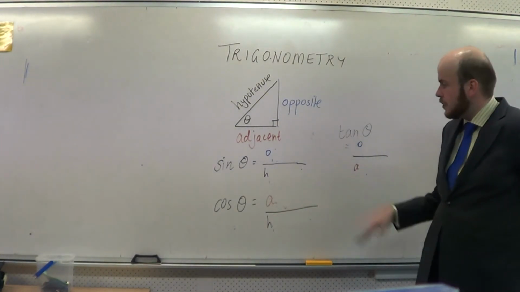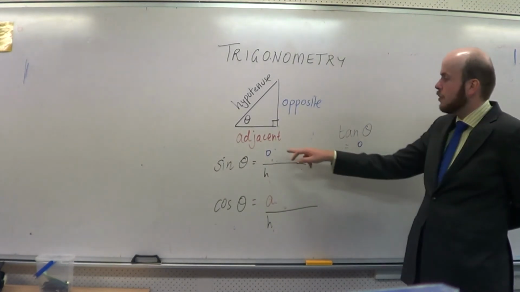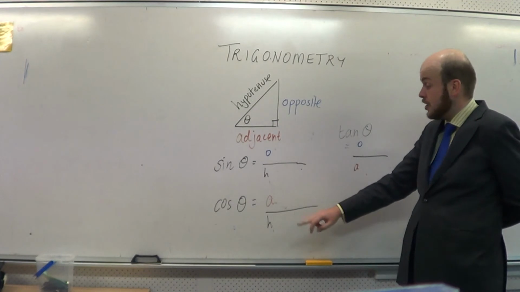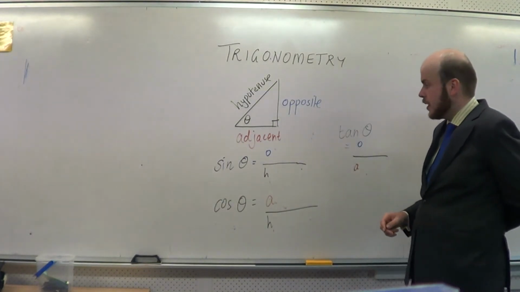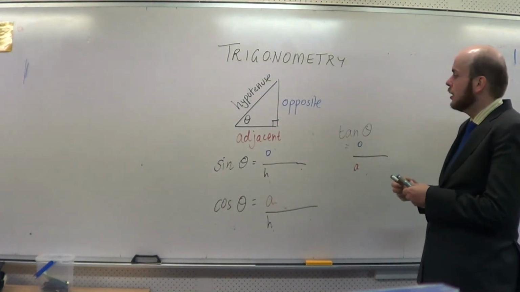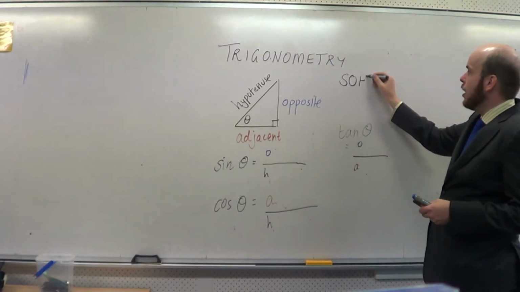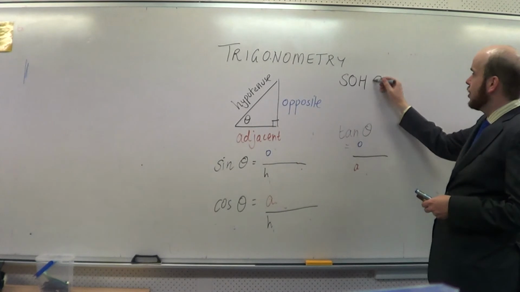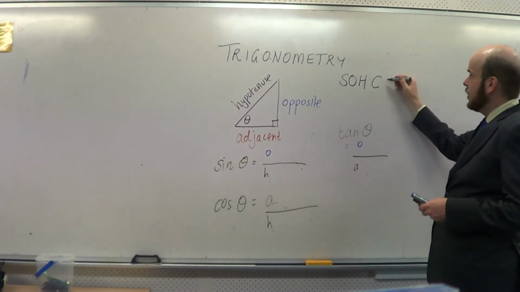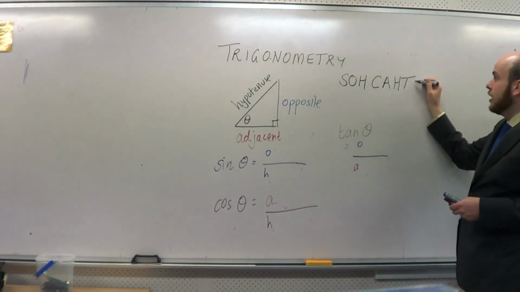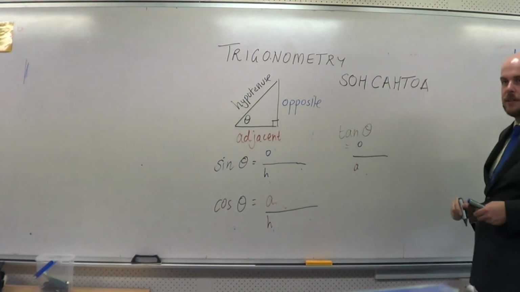First thing first, I'm just going to get rid of all the letters, so I've replaced every time I see an opposite with just O, hypotenuse with just H, and adjacent with just A. Now, I know that sine is opposite over hypotenuse, cosine or cos is adjacent over hypotenuse, and tan is opposite over adjacent.